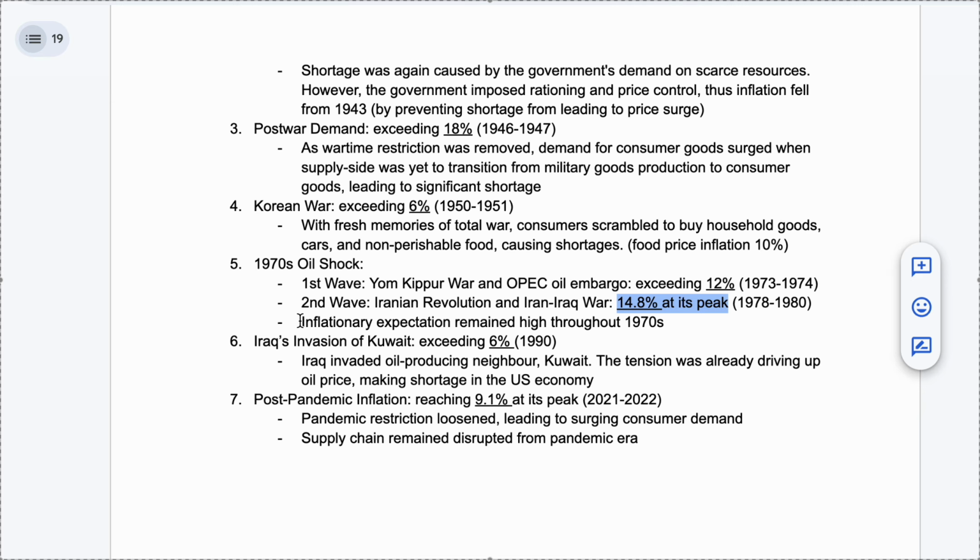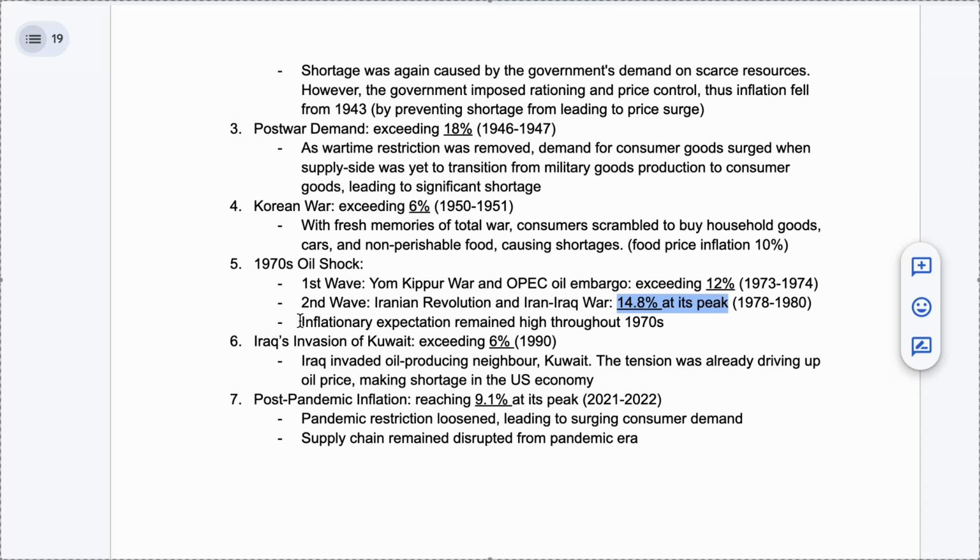Imagine workers, right? Workers or suppliers for the firms. Workers expect that inflation would be 6% next year. The rational thing that they would do is to ask firms to raise their wages by around 6%, so they're not gonna suffer too much from the rising price that they're expecting.